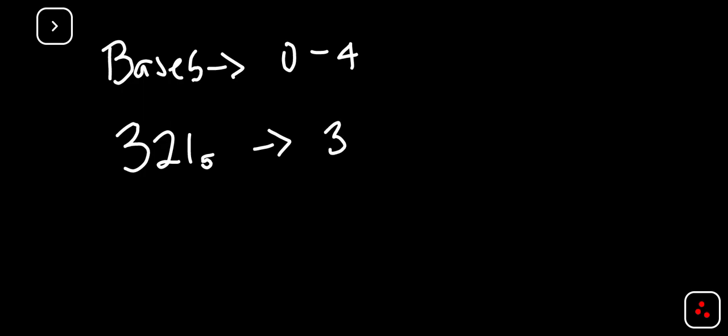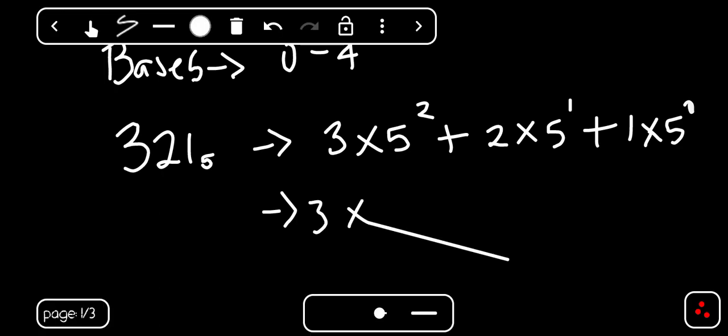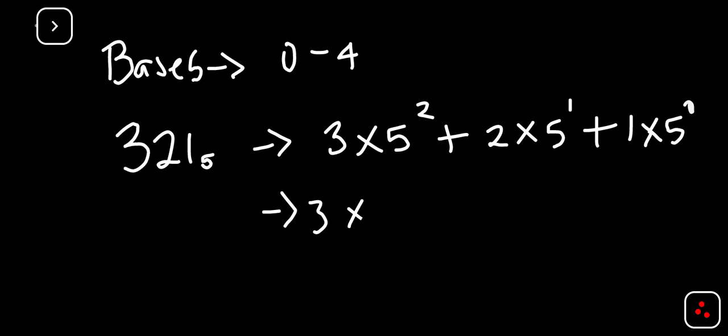We're having 3 times 5, remember the base, plus 2 times 5, plus 1 times 5, and then the index value starting from 0, 1, and 2. And we'll have 3 times 25 because 5 raised to power 2 is 25. So we'll have 3 times 25 plus 2 times 5 because 5 raised by 1 is 5.